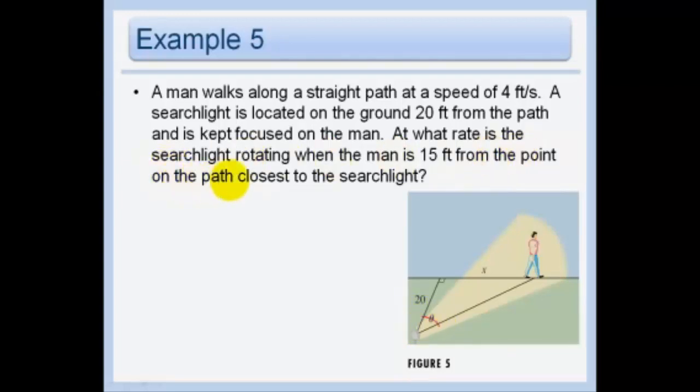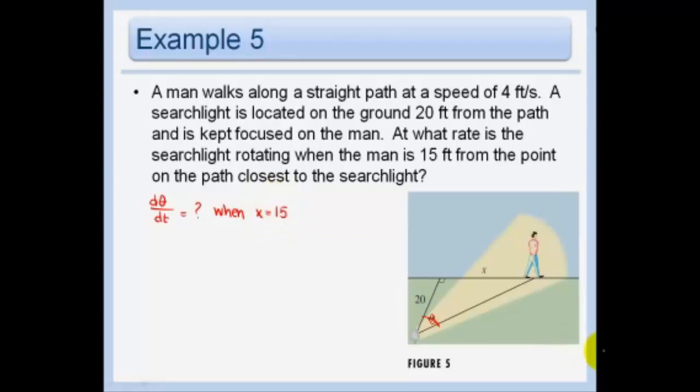At what rate is the searchlight rotating when the man is 15 feet from the point on the path closest to the searchlight? So we're saying when x is 15. We are asking at what rate is the searchlight rotating? The rotation of the searchlight is theta here. So we're saying d theta/dt is what, when x is 15.